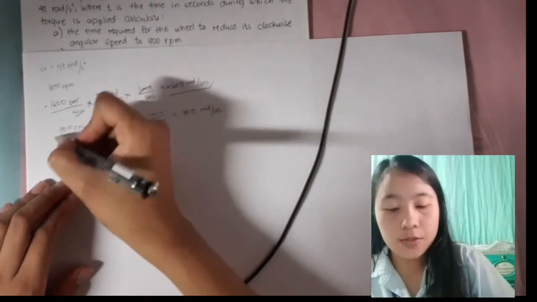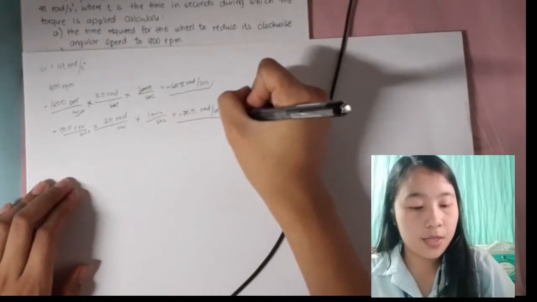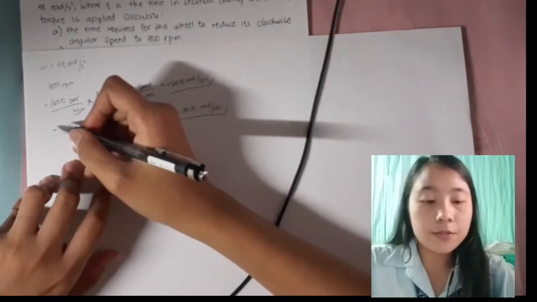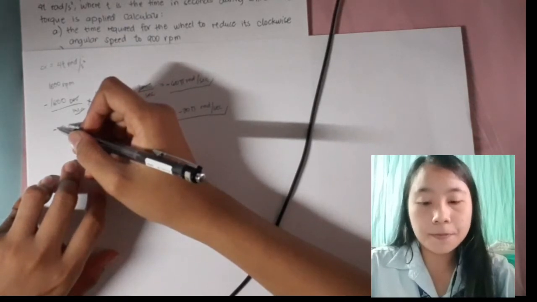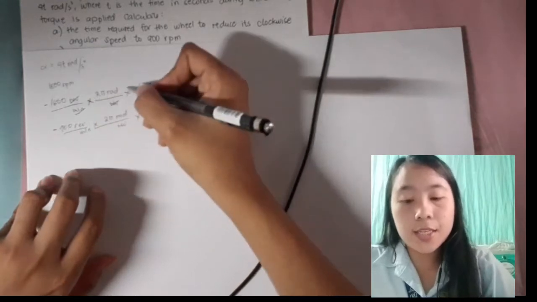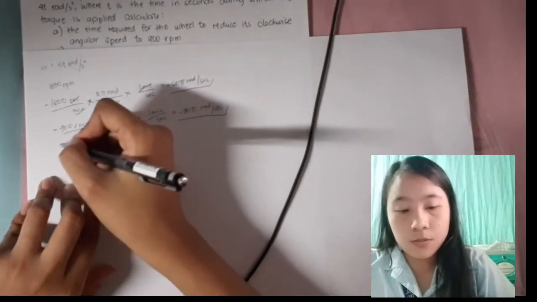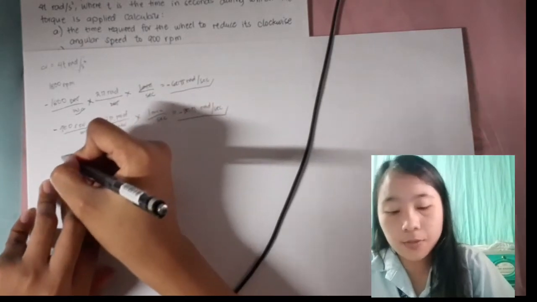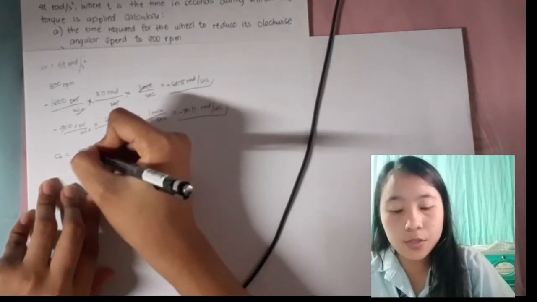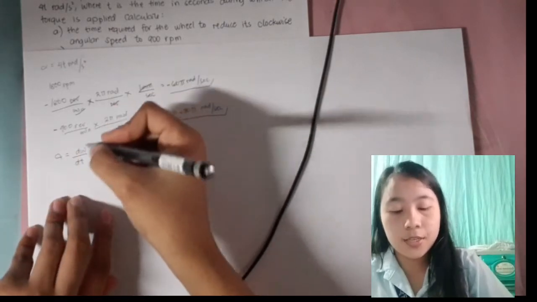We also make it negative because it is clockwise again. Since we have the value of alpha, we can integrate it to get the value of omega. We can use this formula: alpha is equal to change in omega over dt.